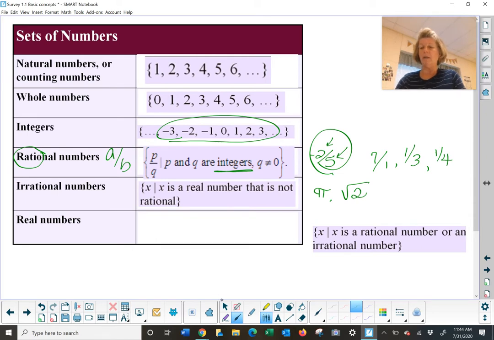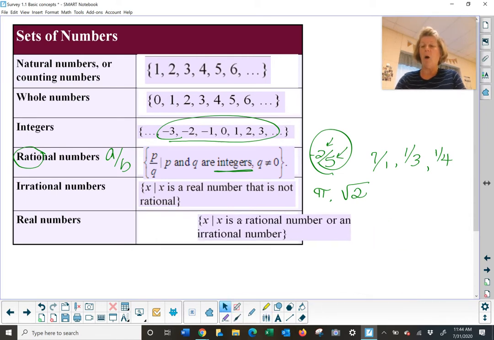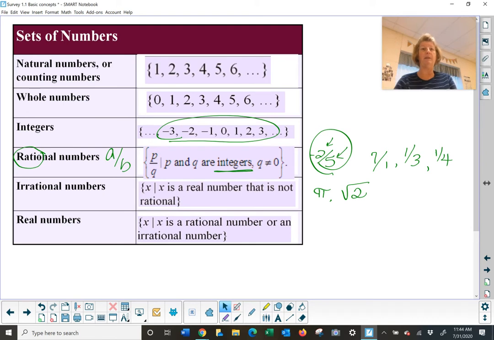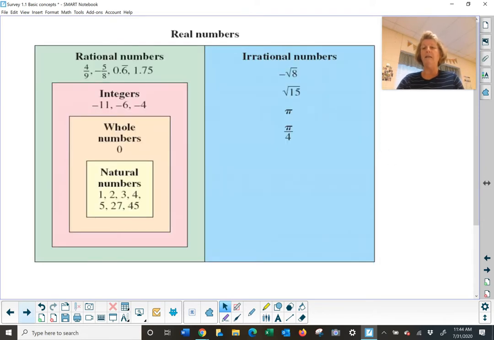The real numbers comprise all of the above topics that we just talked about. So rational numbers and irrational numbers come together to make the real numbers. When we look at the next picture, we're looking at a Venn diagram.